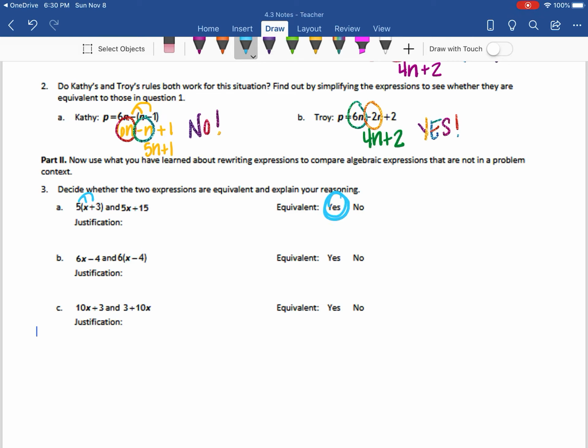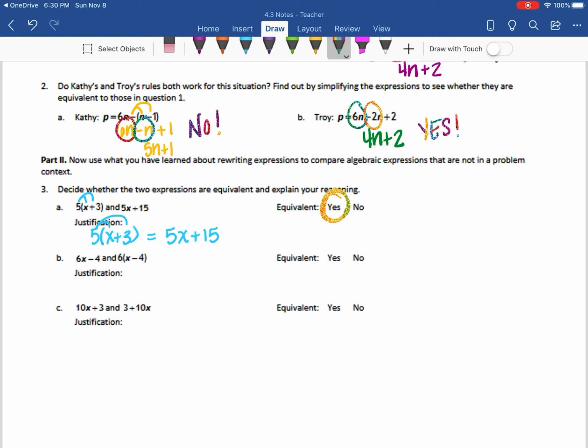So yes, these are equivalent, and then we can show that 5x plus 3, if we distribute, is 5x plus 15. Okay, and that work right there, that's enough of a justification.